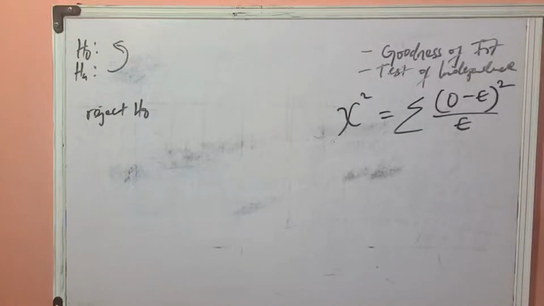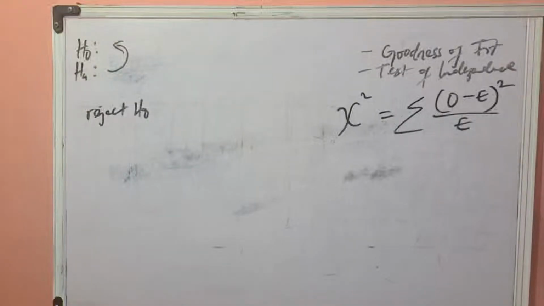It must be in the same context of saying this did fit this. That's what our HO, under goodness of fit, should always say. I believe we did a question where we had issues around days of the week, expected absences, and then observed absences in a school. So now we need to say that the frequency we got when we observed the absences did fit that of what was expected. So that means we could say things like equal frequencies in the HO.